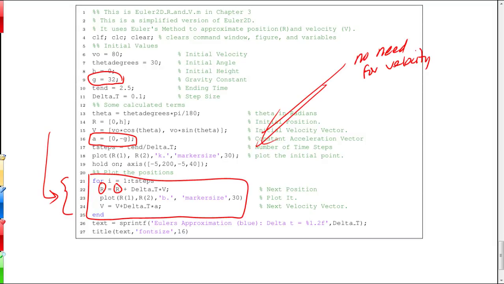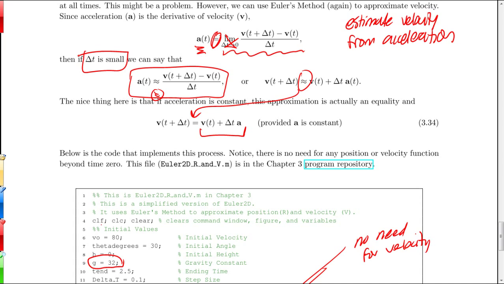So I'm updating R and dumping the old value. So look at that, that's amazing. It is a total of 3 lines of code inside my for loop that allows me to move through 2-dimensional space in the case of a projectile with constant acceleration.